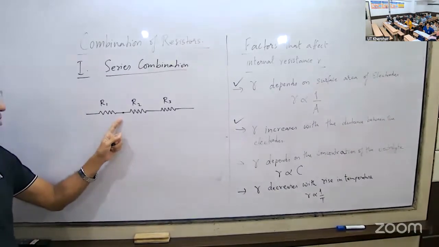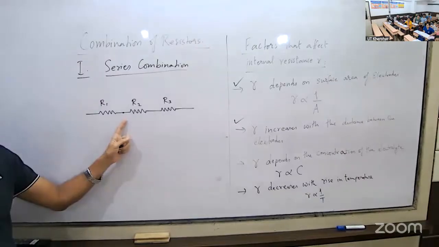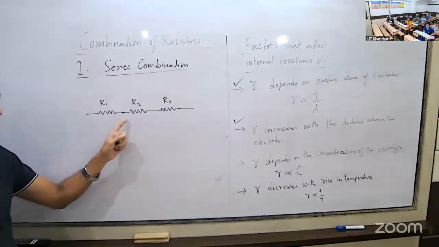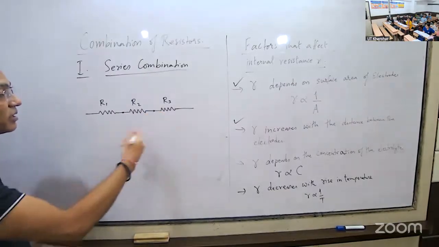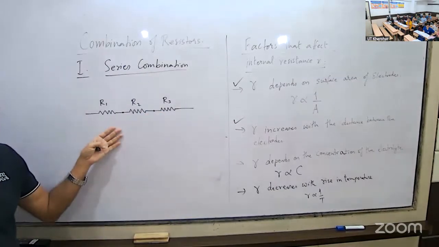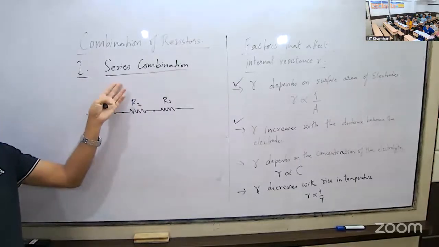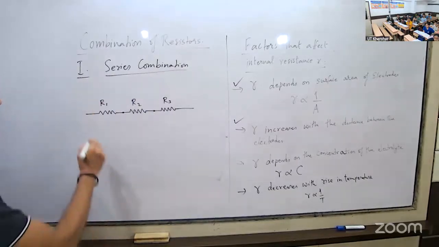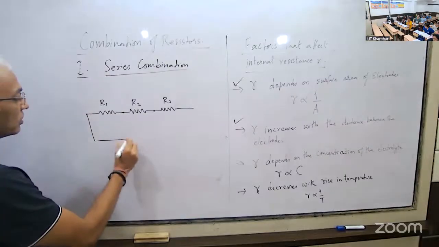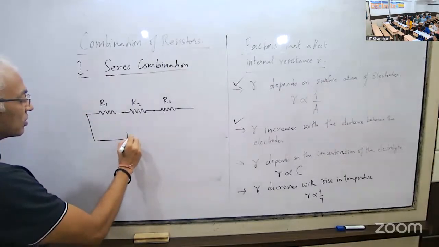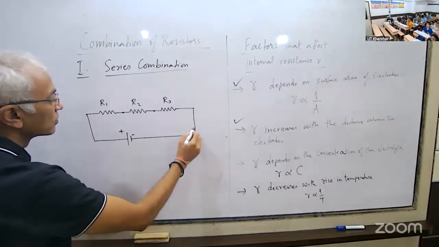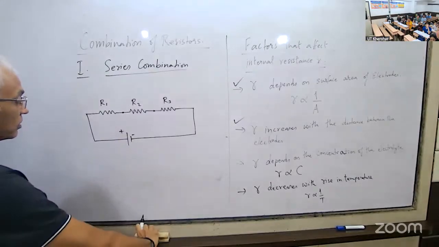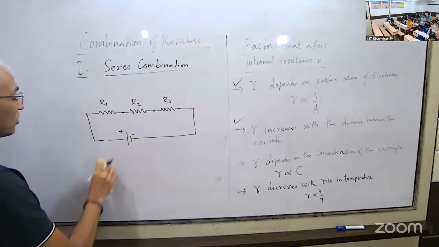When one end of a resistor is connected to one end of the other resistor, so each resistor is connected with two different resistors, then that combination is called series combination. This is then connected to a common supply like this. So this kind of arrangement is called series combination.